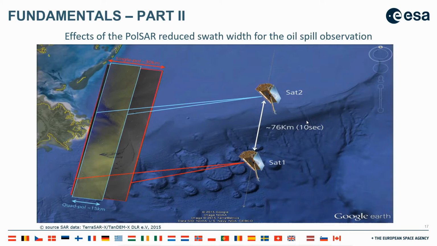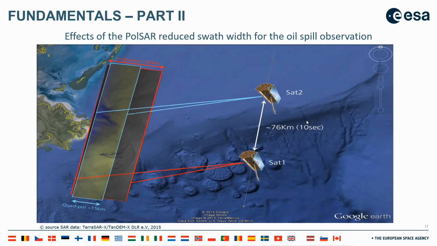The first satellite acquired an image over an oil spill, and the SAR image is given by the frame in red, and you see this dark area in the middle of the image, which is an oil spill.